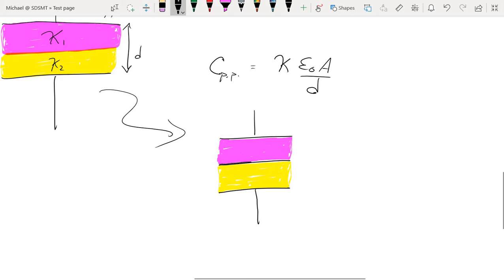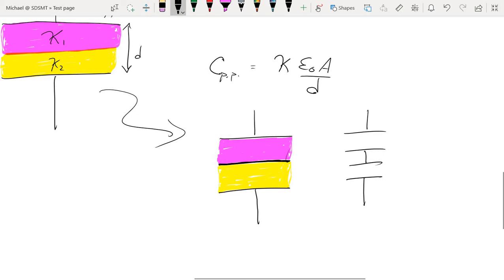If you need to think of this as a very, very thin sheet of conducting material, so be it. But that basically means that I now have a two capacitor system that is connected in series.